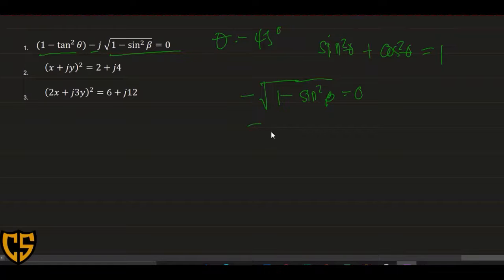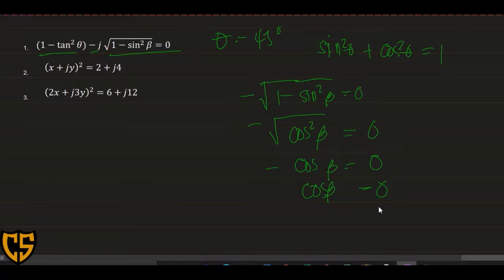So we will have negative square root of cosine squared beta is equal to 0. Now taking the square root, this will be negative cosine beta is equal to 0. So we divide by negative on both sides. This will be equivalent to cosine beta is equal to 0.